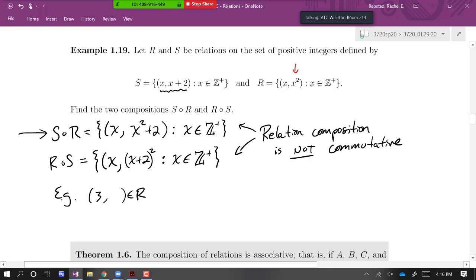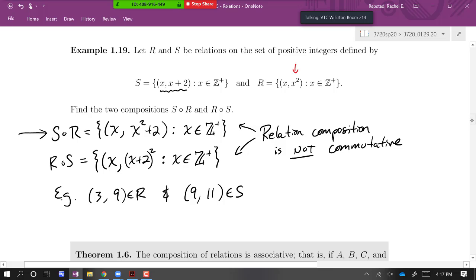We apply R first. 9, because we're going to square it. Now look at 9, and I'm going to apply the S relation to 9. What is 9 related to in the S relation? 11, because the S relation says just add 2.